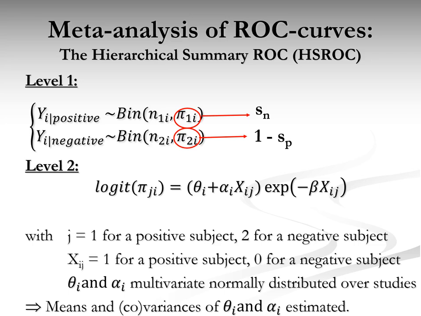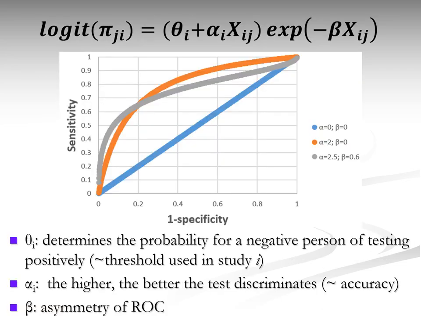But what are the meanings of these parameters? Suppose that x_ij is equal to 1 for positive cases and 0 for negative cases. So for negative cases, the equation simplifies a lot.